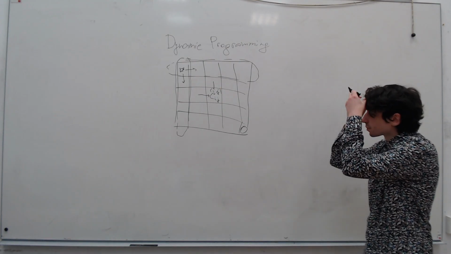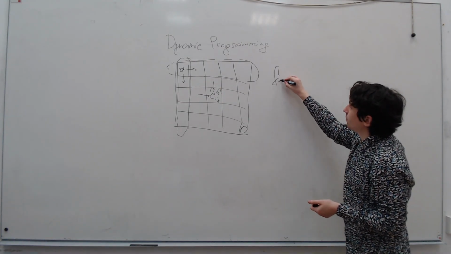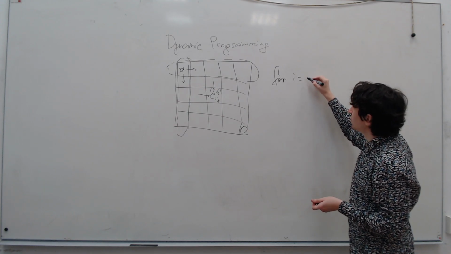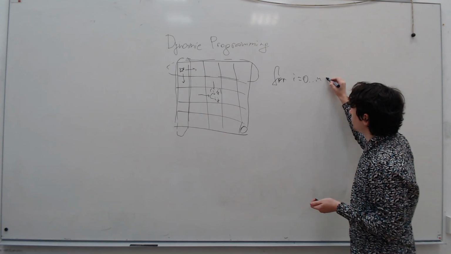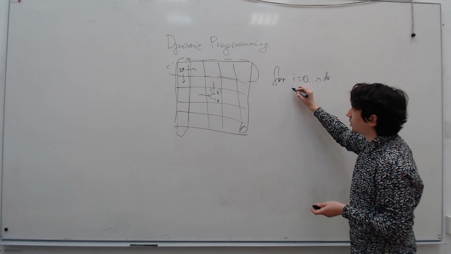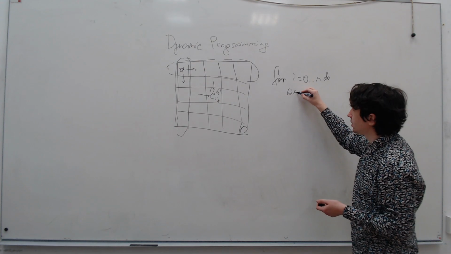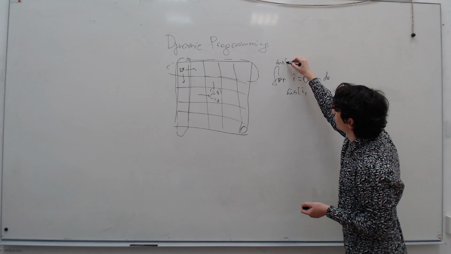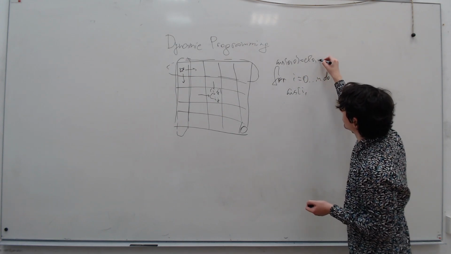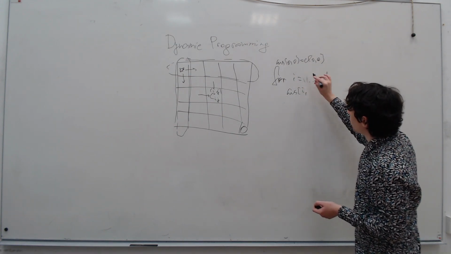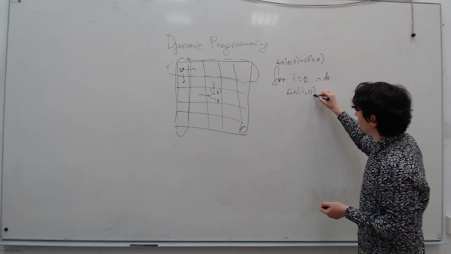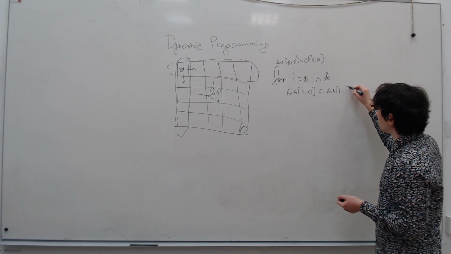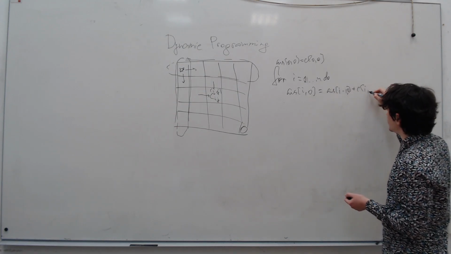So the algorithm becomes very simple. Let me just do the base case. ans 0,0 is C00. Then for the first column, ans I,0 is ans I-1,0 plus C I,0.